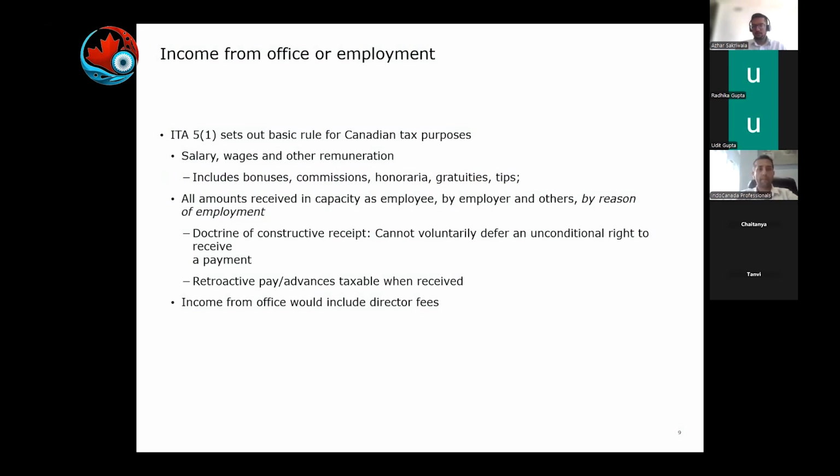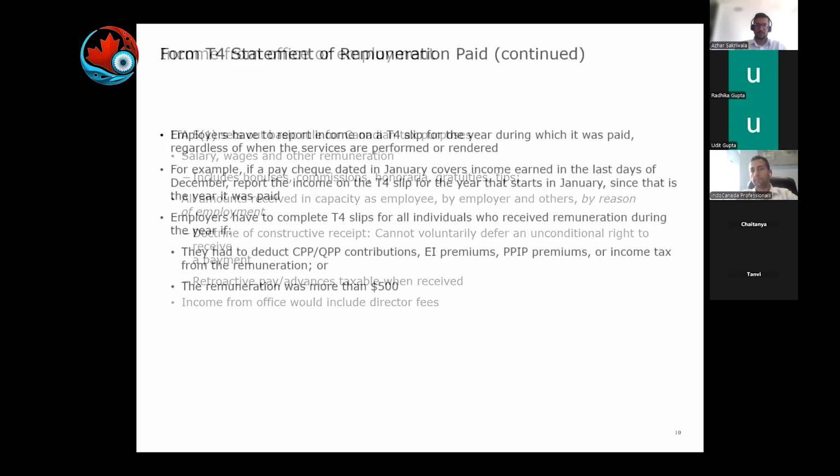That would include your base salary, your bonuses, and if you received commissions or gratuities or tips based on the nature of your employment, all of those amounts would be subject to tax in Canada as employment income. Your employment income would also include director fees, if those fees are paid to you as part of your employer-employee relationship.